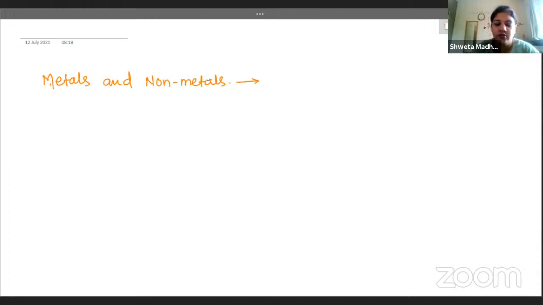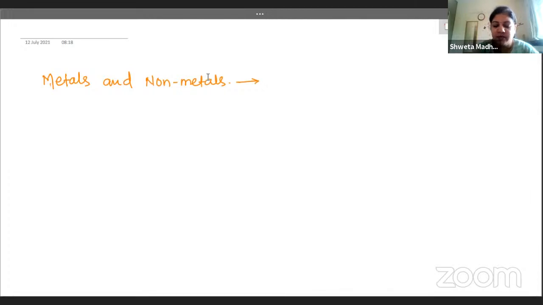Okay, so starting with the chapter metals and non-metals. What are metals and what do you mean by non-metals first? You have learned last year that matter is first divided into pure substances and mixtures.